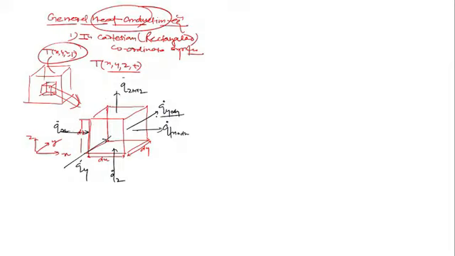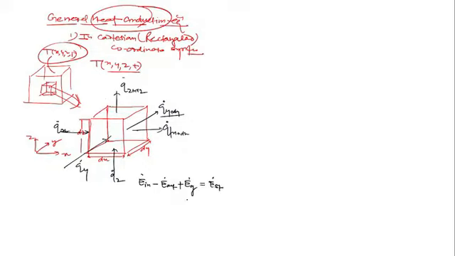Then if you write the energy balance in the system, what is the energy balance? Energy getting in minus energy getting out. Energy can neither be created nor destroyed, but there may be some heat source. So how can I write the energy balance in this case? It's simply E dot in minus E dot out, and if there is any heat source, then energy can be generated. Plus E dot generation is equal to E dot accumulation.